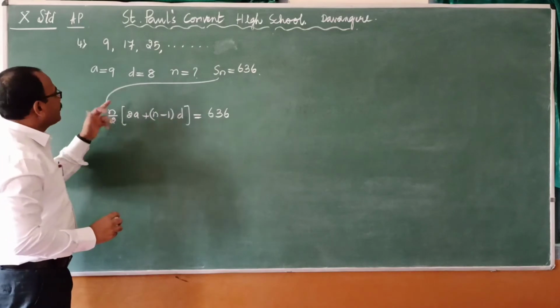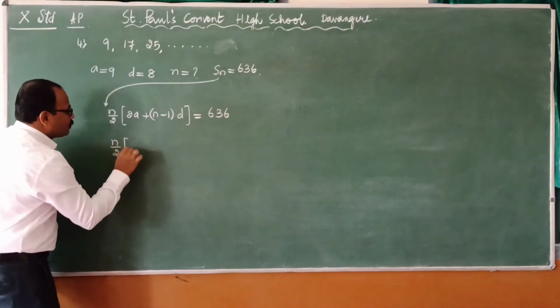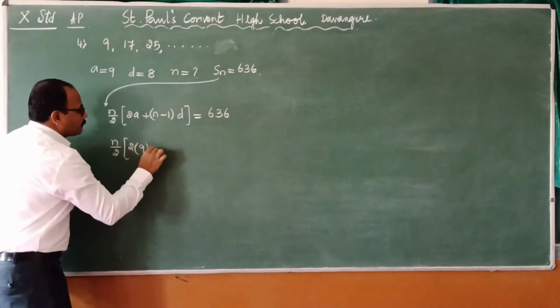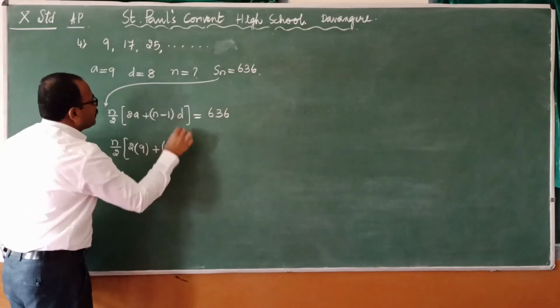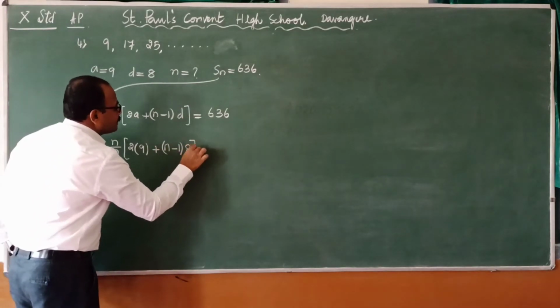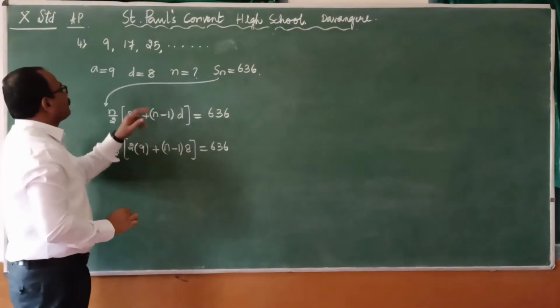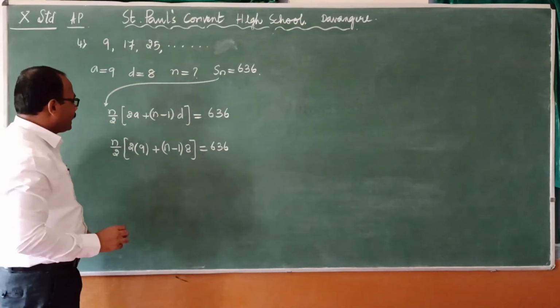N we do not know, n by 2 into a is 9 plus n minus 1 into d, which we have calculated as 8, is equal to 636. A2 minus A1, 17 minus 9 becomes 8, children.